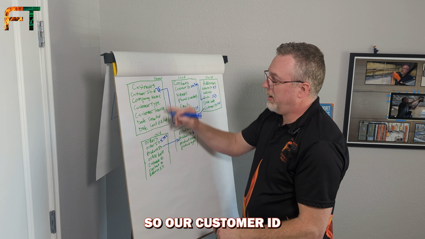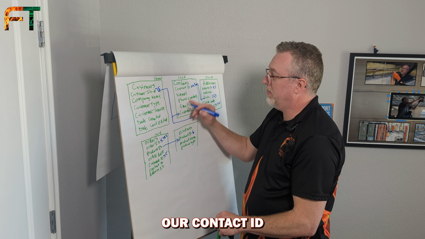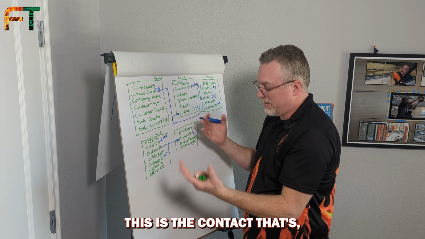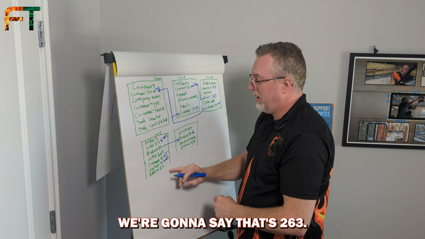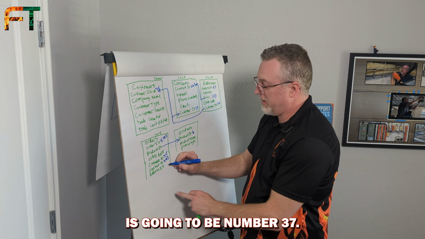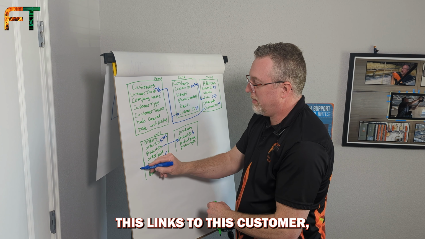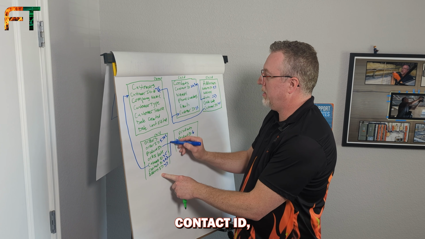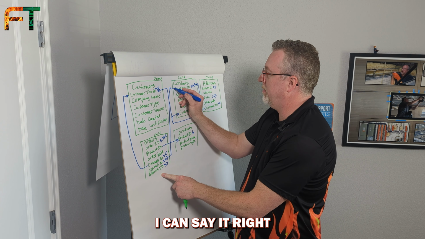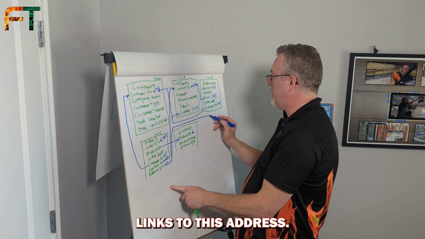So our customer ID is going to be 35. Our contact ID, if we assume this is the contact that's responsible for the order, we're going to say that's 263. And our address ID is going to be number 37. So you can see that this links to this customer. This links to this customer contact ID, if I can say it right. And this address ID links to this address.